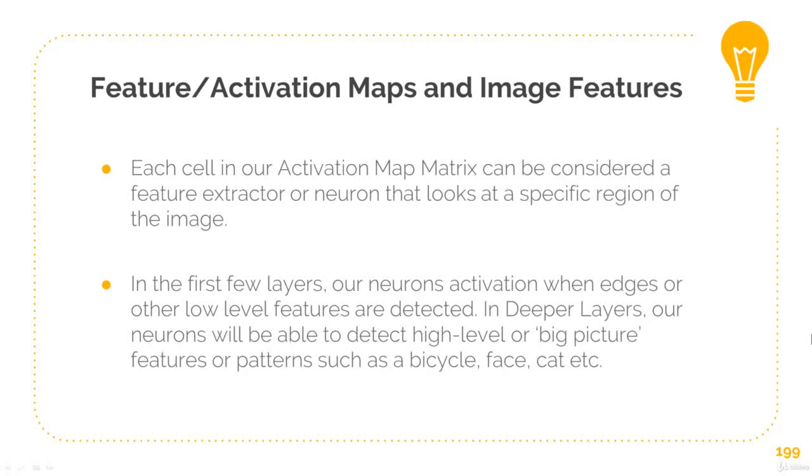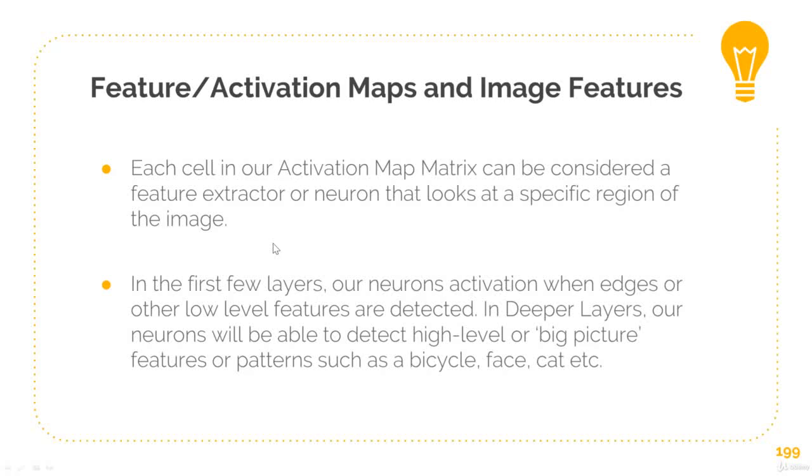In the beginning of our CNN, our convolutional layers are low-level feature detectors, looking for simple things in images, like maybe edges, maybe specific colors, maybe a blob here and there.